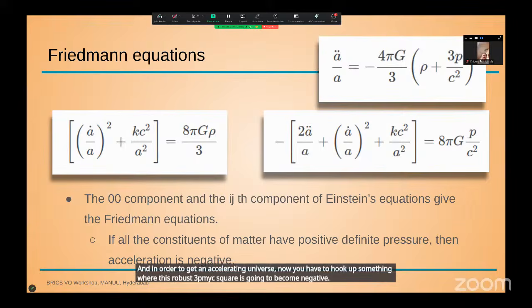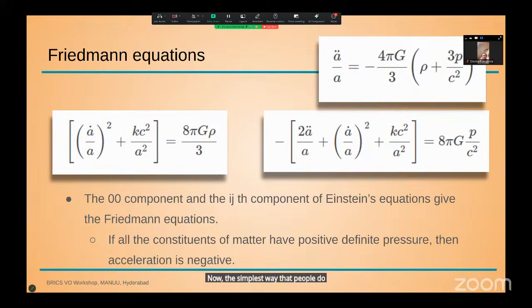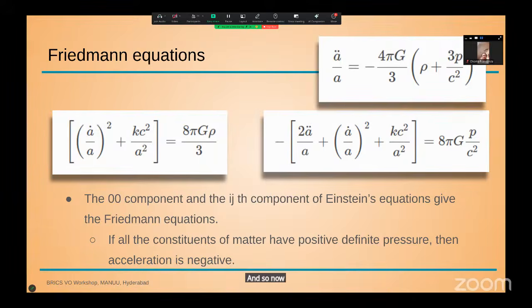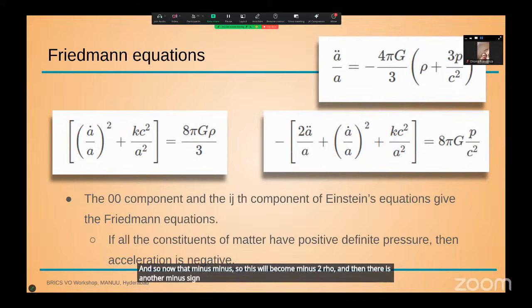Now, the simplest way that people do this is by setting p equal to minus rho c square. Okay? And when you do that, then rho plus 3p by c square becomes rho minus 3 rho, so this will become minus 2 rho, and then there's another minus sign in front. Now it can cancel that, and you can get an acceleration.